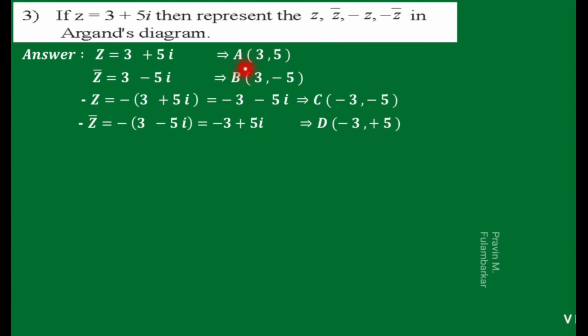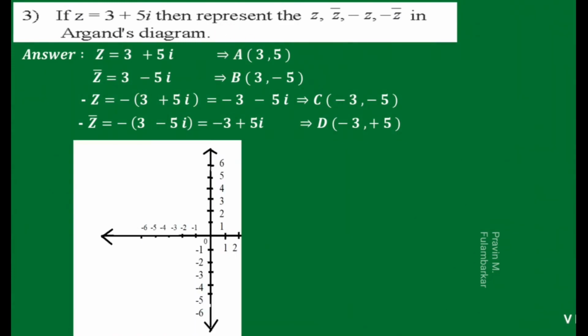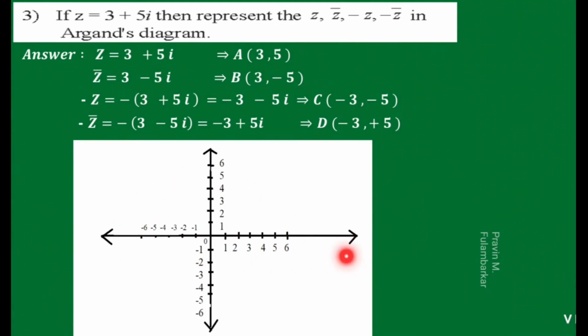Now we have to represent all these points, capital A, capital B, capital C, capital D, on graph, and that representation is Argand diagram. So first we draw here the graph. This is x-axis, this is y-axis, this is origin. So first we plot point A. The coordinates of point A have sign plus plus, so this point (3, 5) must lie in the first quadrant.